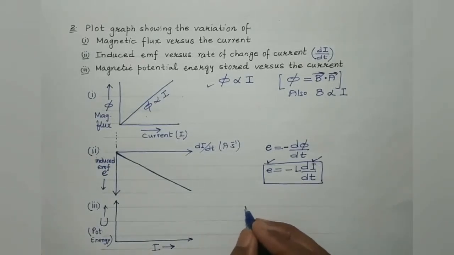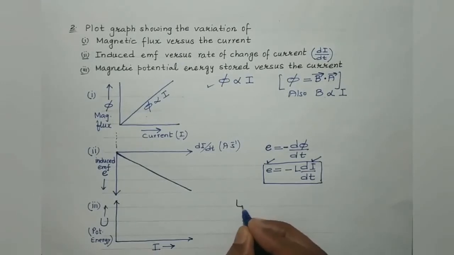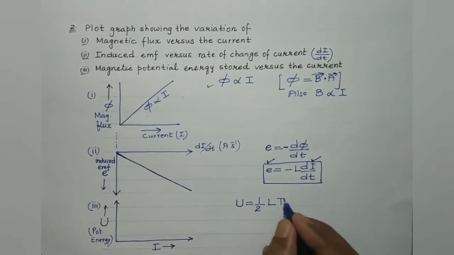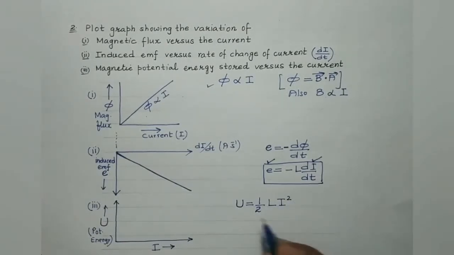Now you need to have that mathematical relationship between these two. Energy stored in an inductor, that is always in the form of magnetic field, is given by half L I square, isn't it? For a given coil, L is constant, so potential energy is directly proportional to the square of the current.